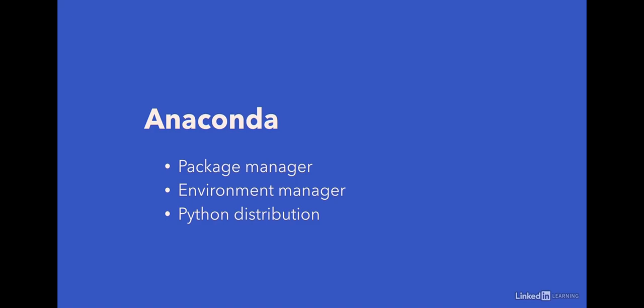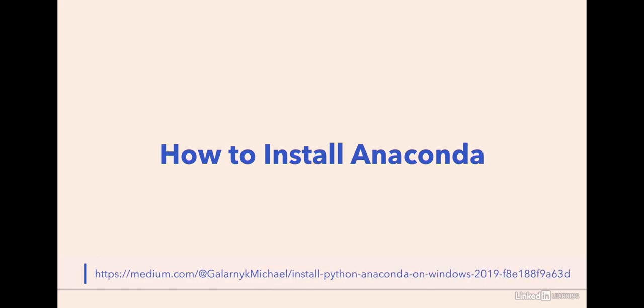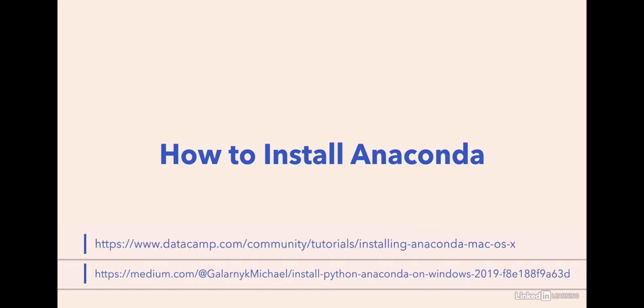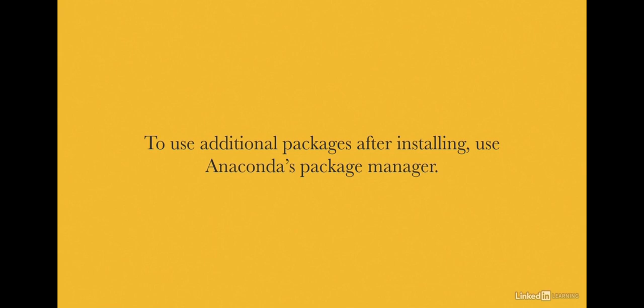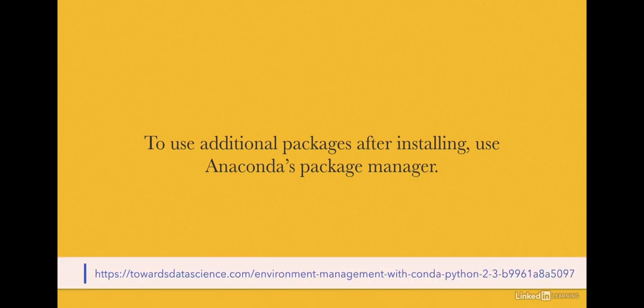What's great is that Anaconda comes pre-installed with many of them. Anaconda is actually pretty easy to install. I have notes here on how to do it on Windows and a Mac. Also, if you need to install additional packages after installing Anaconda, you can use Anaconda's package manager, Conda, or Python's installer package, pip, to install those packages. Simply follow the link here to get that information.